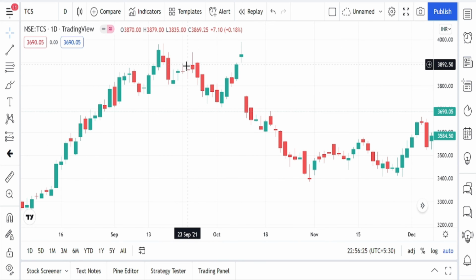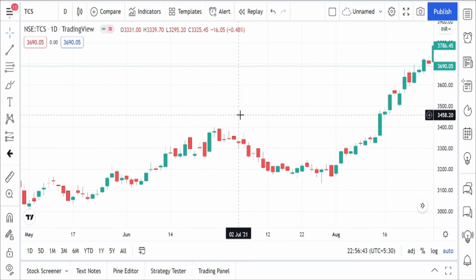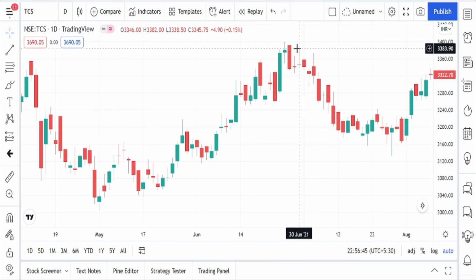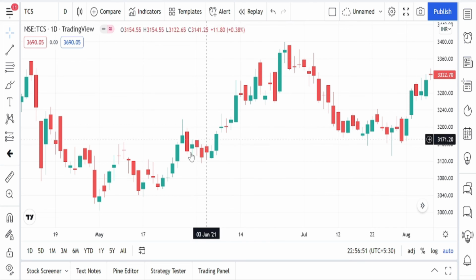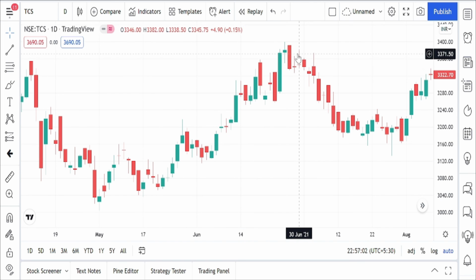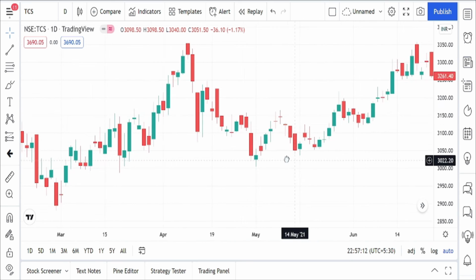Similarly, if you see here, we could see a doji candle formation, which puts the traders in an indecision mode whether the market may go up or go down, right? Here the previous trend was an uptrend. Here also, if you see this spinning top candle formation, and the previous trend was an uptrend, the market reversed its direction and came down, right?